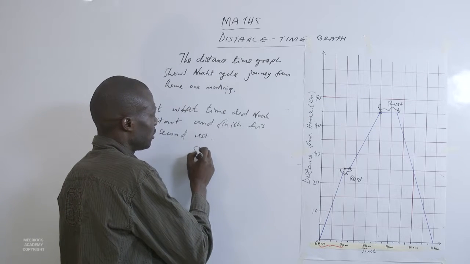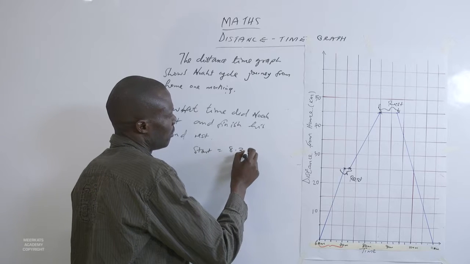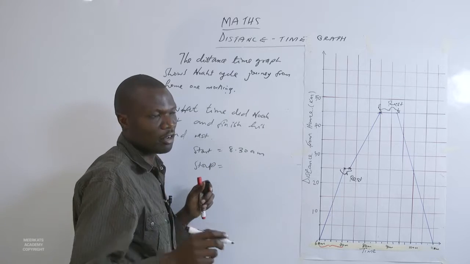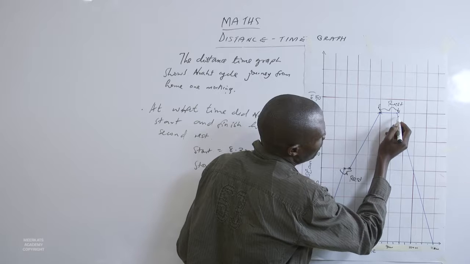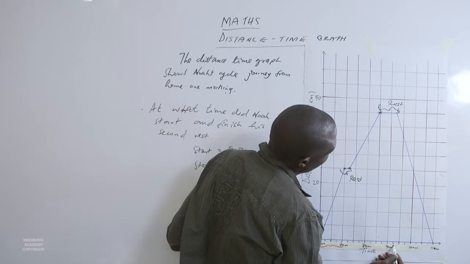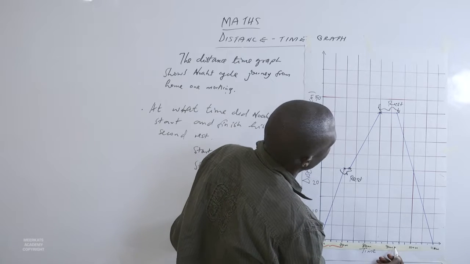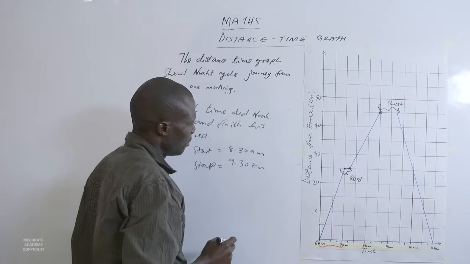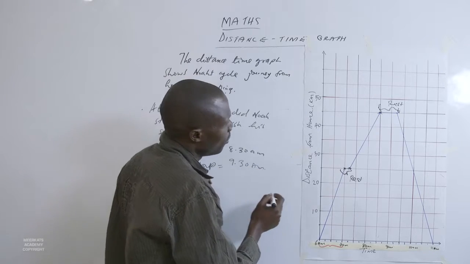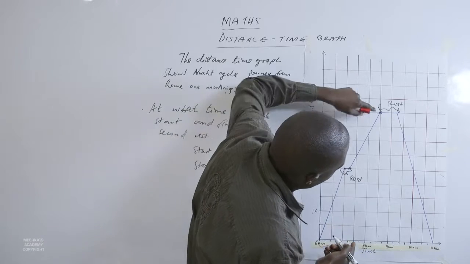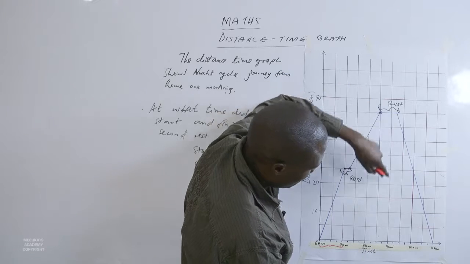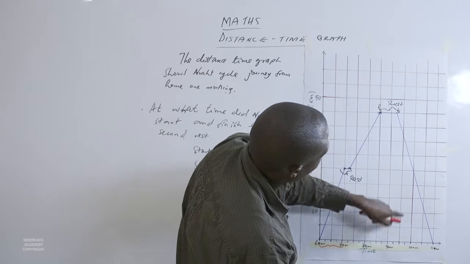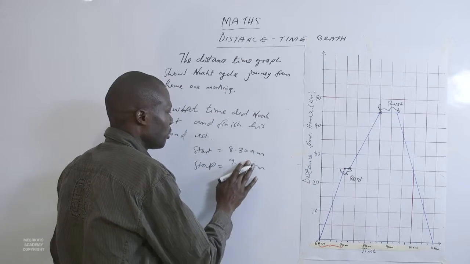So I'll write down start. For the stop time after the rest, we identify here, it is between these two boxes, and this is 9:30, I'm not wrong. So we need to clarify, this one is 8:30, and this one is 9:15, not even 9:30. It's 9:15.